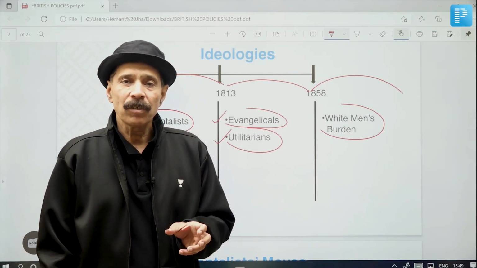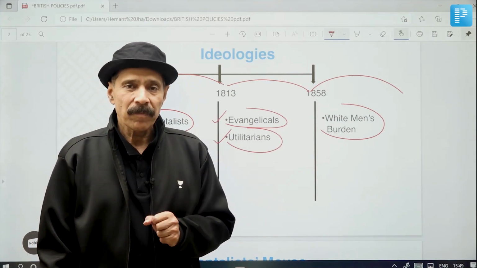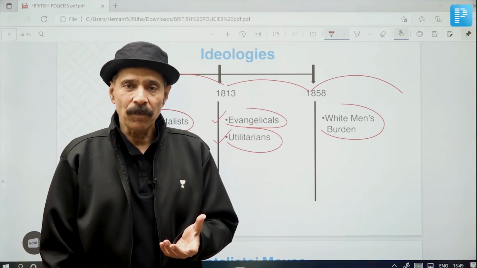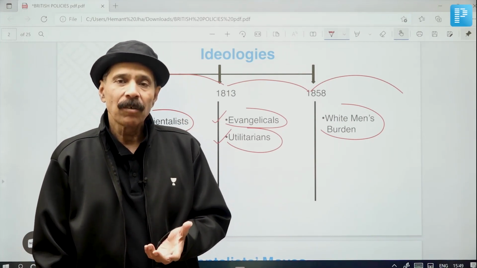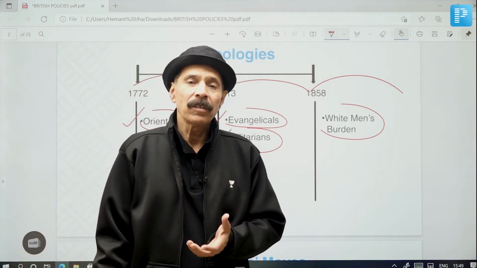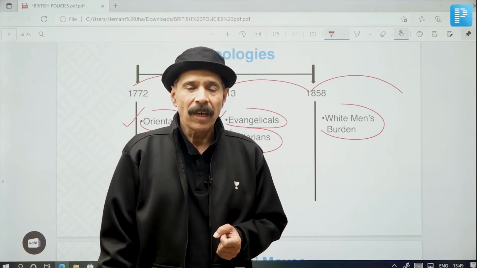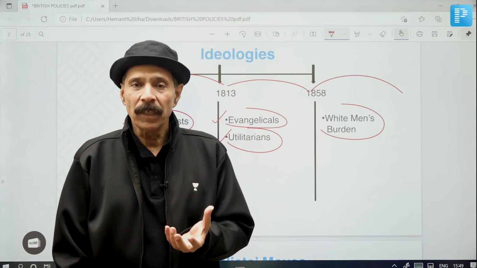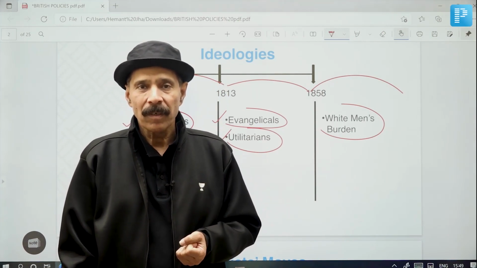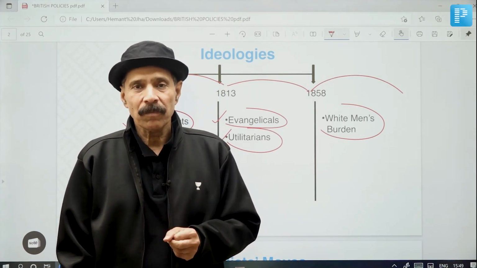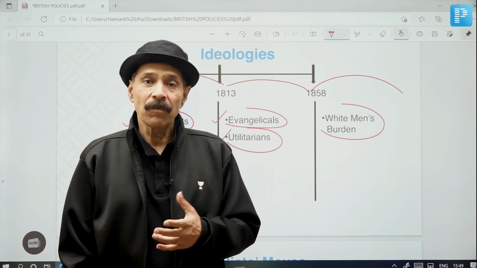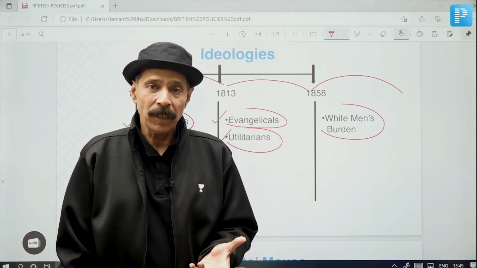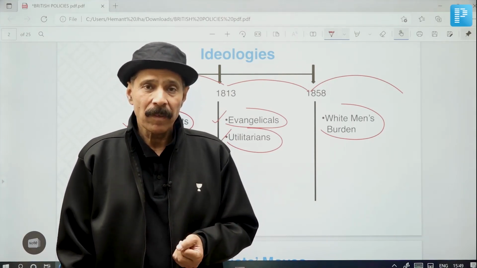Utilitarians focused on the idea of utility that was defined in terms of greatest happiness or greatest good for the greatest number. And they consider law as a powerful tool to ensure this. They focused on a centralized system. They focused on Raiyatwari, land revenue settlement, not Jamindari.